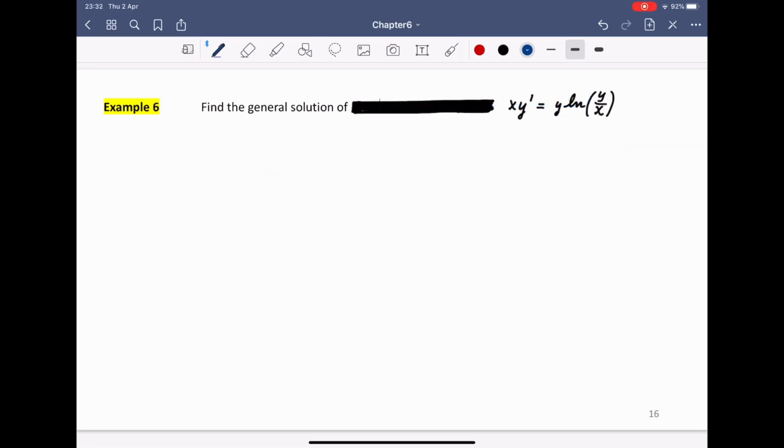Let's do example 6. Find the general solution of x y prime equal to y times log of y over x. Again, I changed the question here because the one that I posted online in my lecture notes is way too long, so I switched it to a better one. This is more compact. Let's start by simplifying this into the standard form.